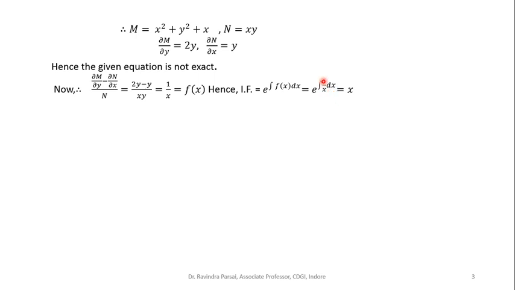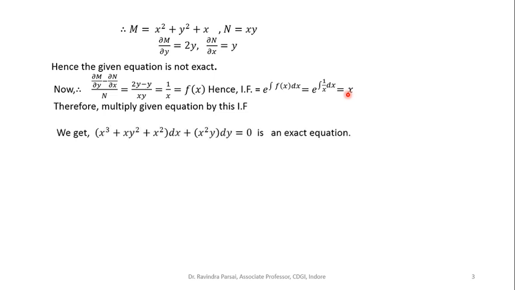The integral of 1 by x is log x, and e raised to log x is simply x. On multiplying the given equation by this integrating factor, it reduces to exact form: (x cube plus x y square plus x square) dx plus x square y dy equal to 0, which is an exact differential equation.